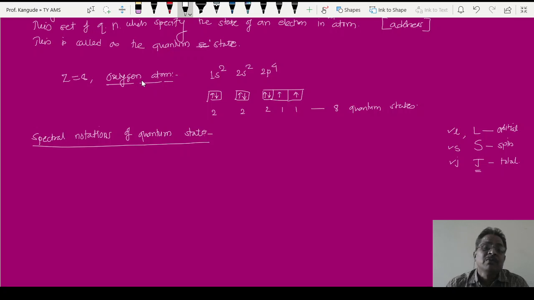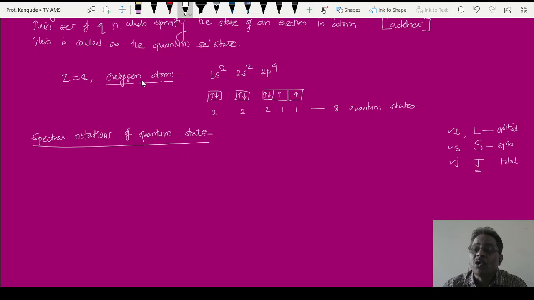But remember, for spectral notations of quantum states, we require these three types of numbers: orbital quantum number, spin quantum number, as well as the total quantum number too, that is small j. Small letters are quantum numbers, and capital letters are actual physical quantities.